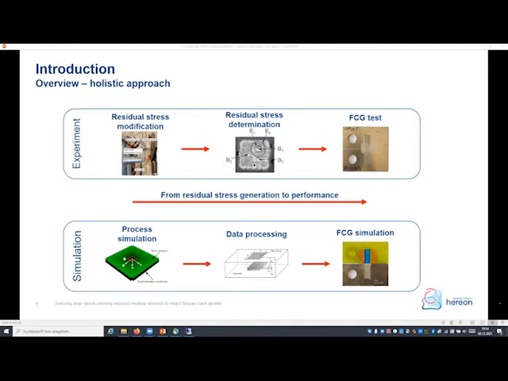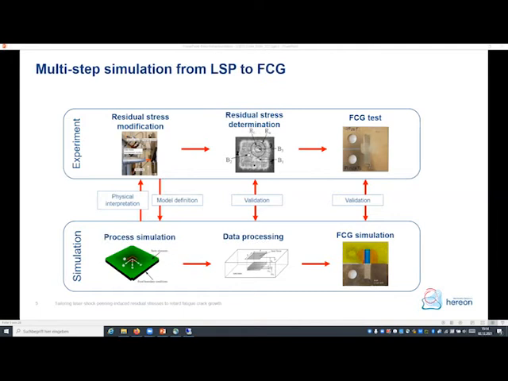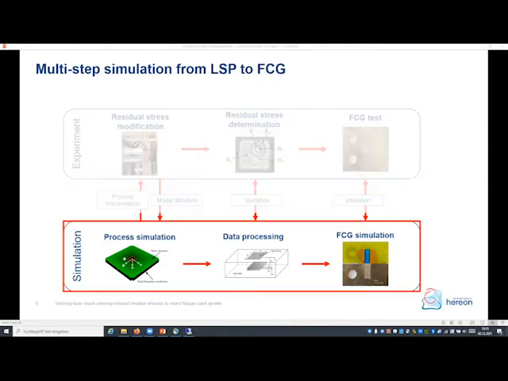And as a second, talking about a holistic approach, I want to combine experiments and simulation, where the simulation can explain to us how the mechanisms are in physics, which we may not see directly, for example, the shockwave propagation or mechanisms during the fatigue crack growth. And the other way around, the experiments validate the simulation, and of course, they define the assumptions we can do in our simulations. So therefore, I want to have a close connection of the simulation and the experiments.